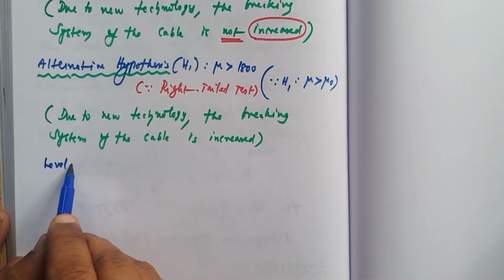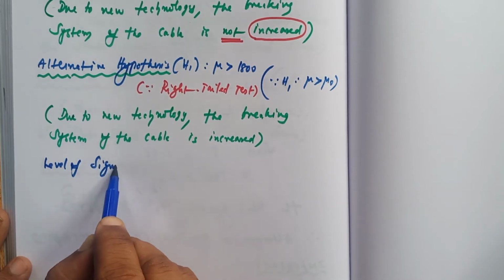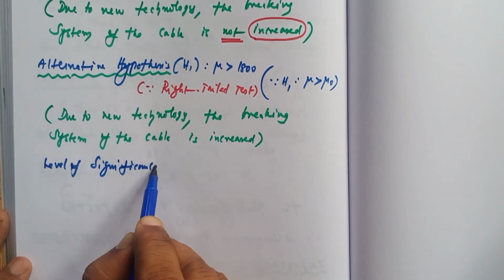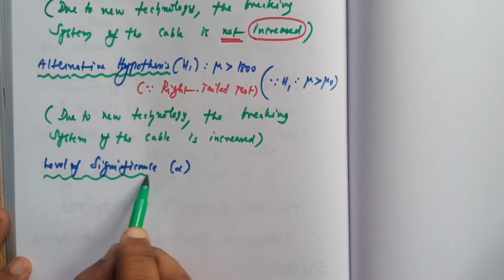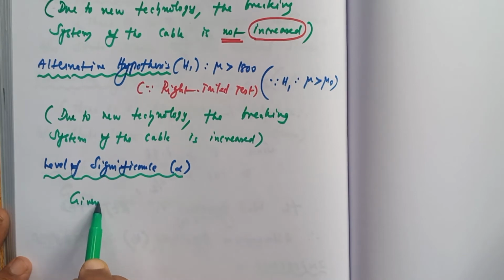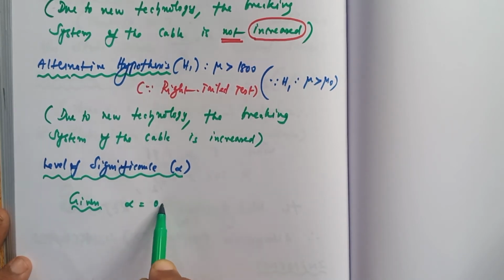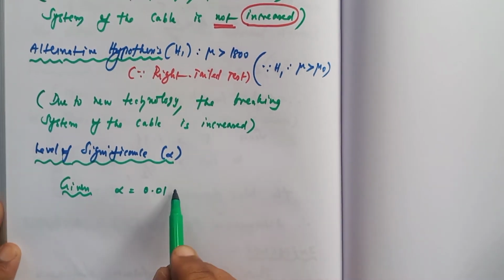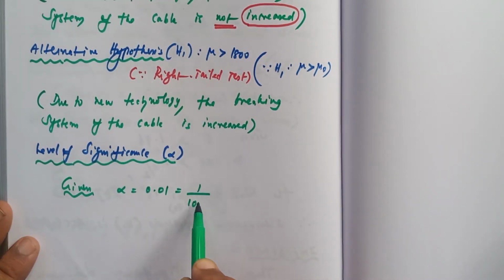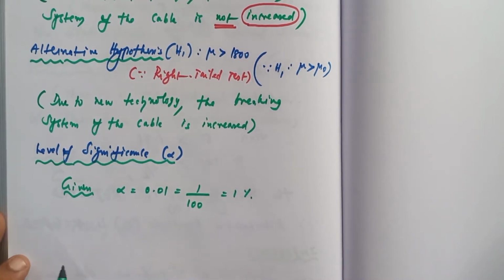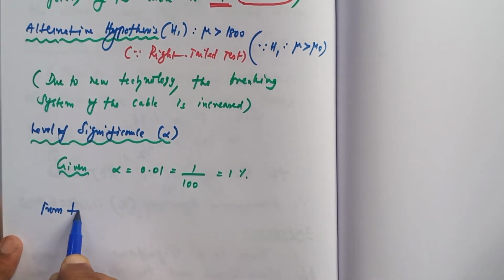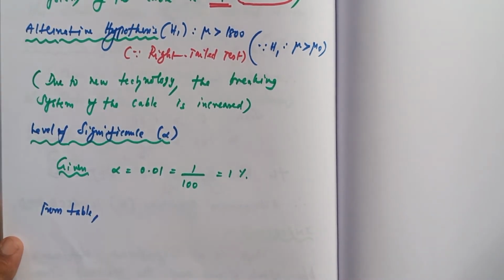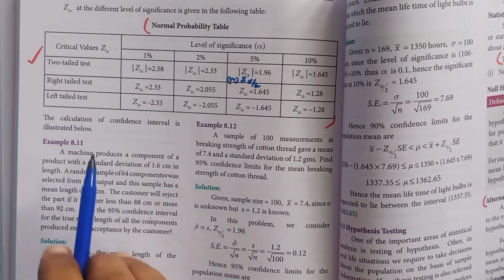Level of significance is represented by the letter alpha. Given alpha is equal to 0.01, that is 1 divided by 100, that is equal to 1%. Now from the table, look at the table here.